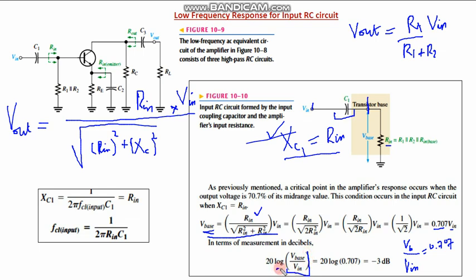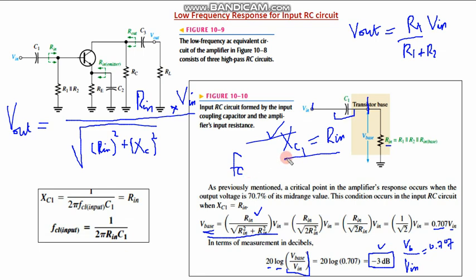If I take the log and multiply by 20 because it's a voltage, I get minus 3 dB. So interestingly, if XC1 is equal to Rin, the gain reduction is minus 3 dB. This represents the critical frequency condition.